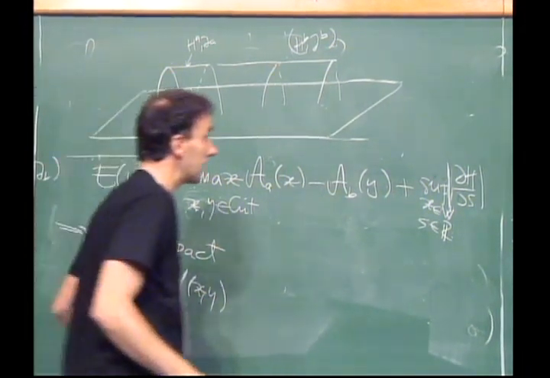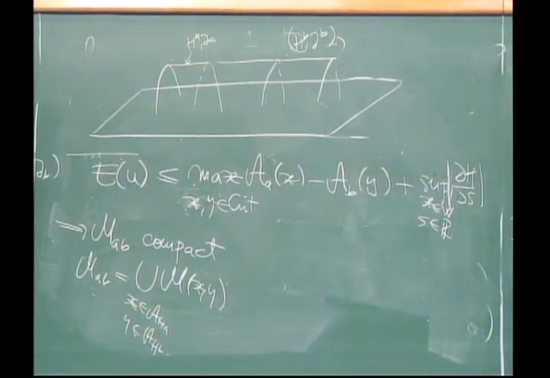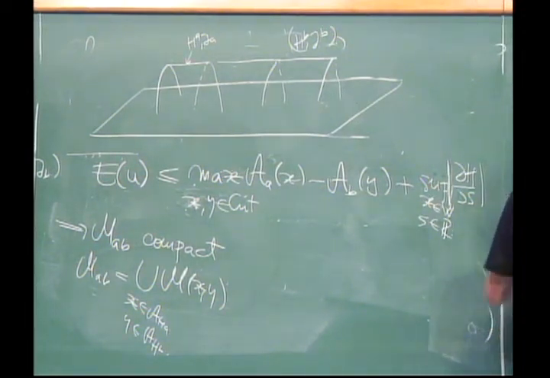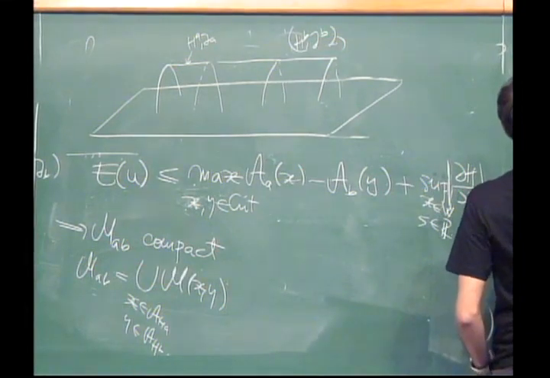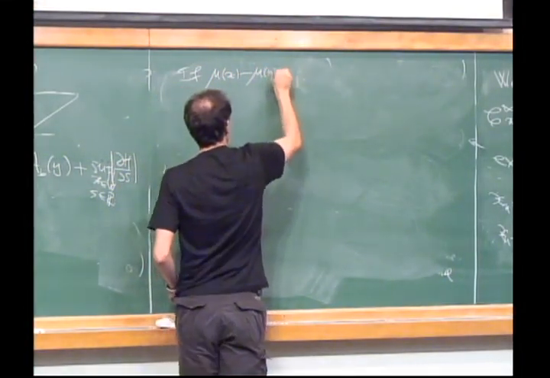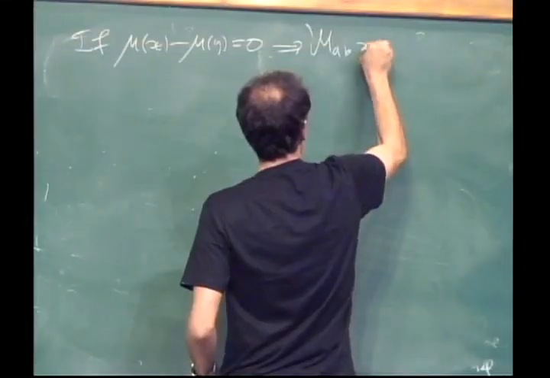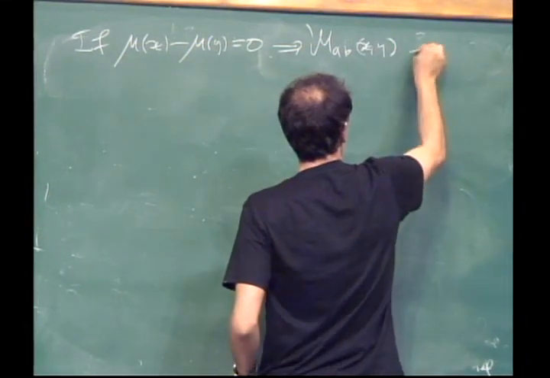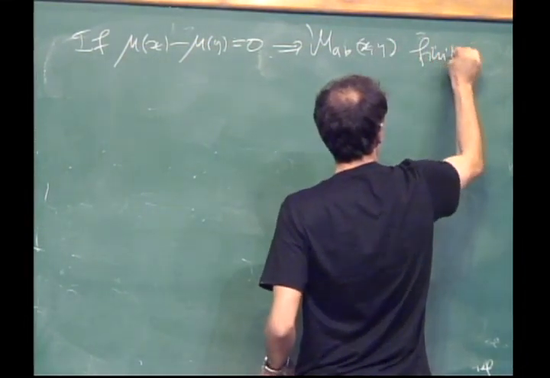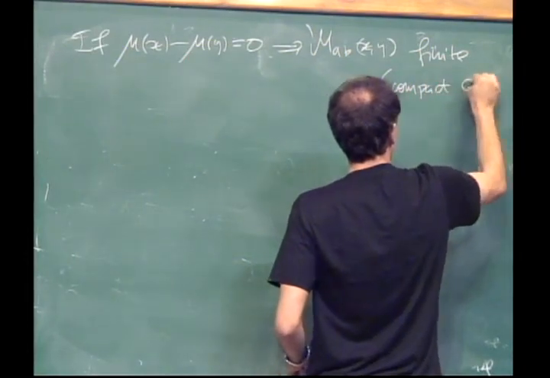we have the fact that, let's consider this case. So if mu x minus mu y is equal to 0, then M_AB(x,y) is finite, so compact, zero dimension.